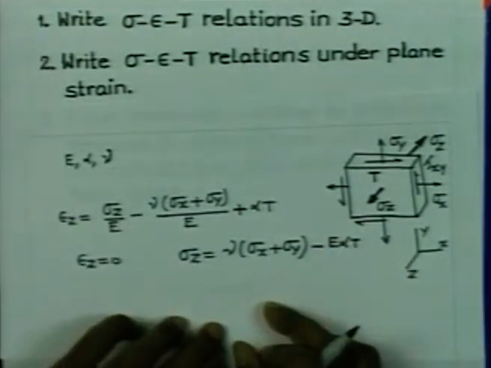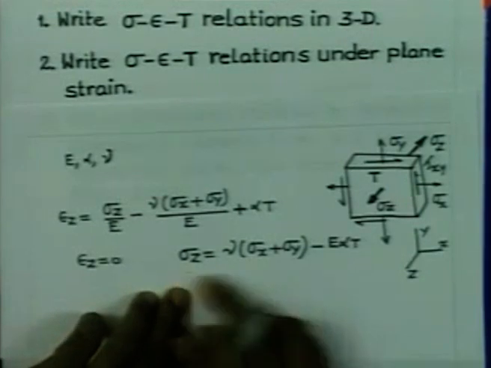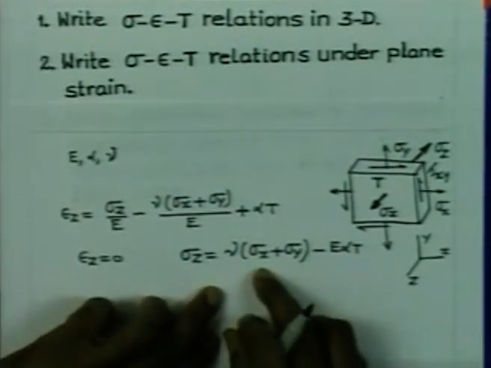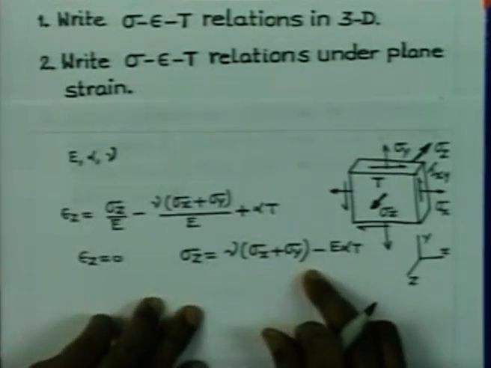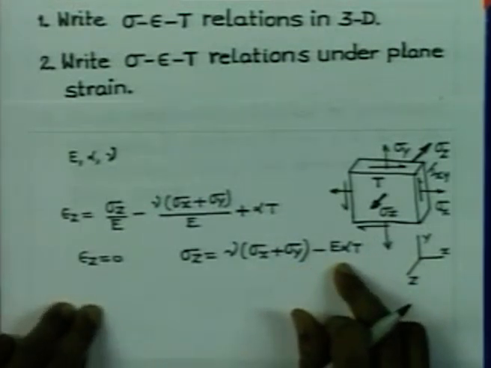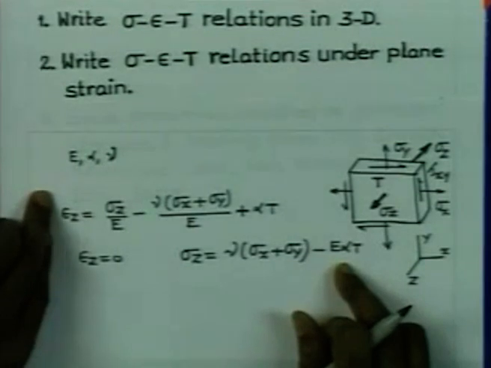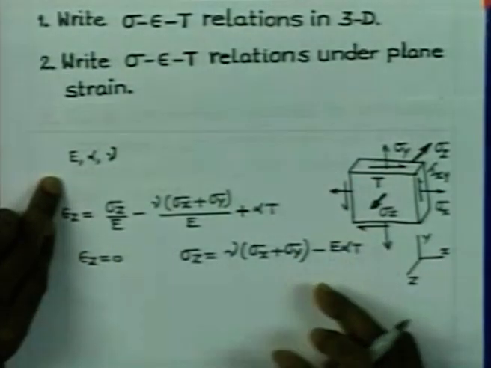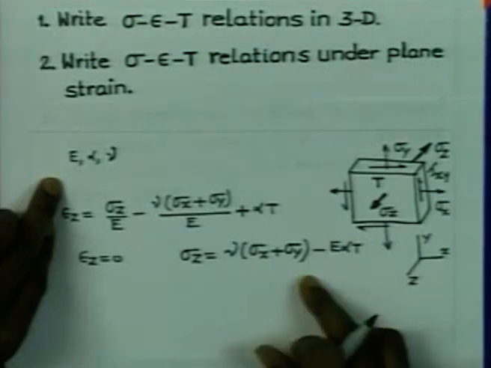So, in this case sigma z depends on both the normal stresses sigma x and sigma y and also on the temperature rise, modulus of elasticity and thermal coefficient of expansion. You can now eliminate sigma z and write the expressions in terms of only sigma x and sigma y.